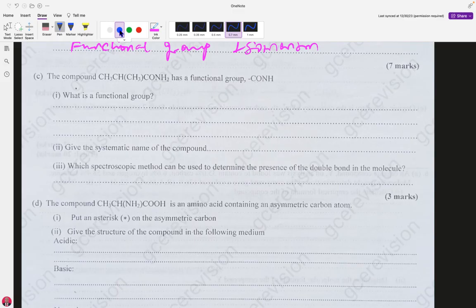We are talking of OH, that is alcohol, carboxylic functional groups, ester functional groups, amide functional groups, amino acid functional groups, and different types of functional groups. They comprise atoms, groups of atoms, and bonds. So a functional group has three ways: atoms are involved, groups of atoms are involved, and bonds are involved.